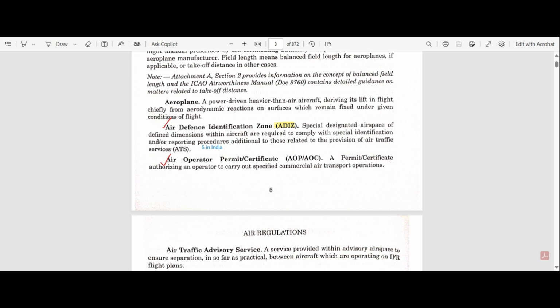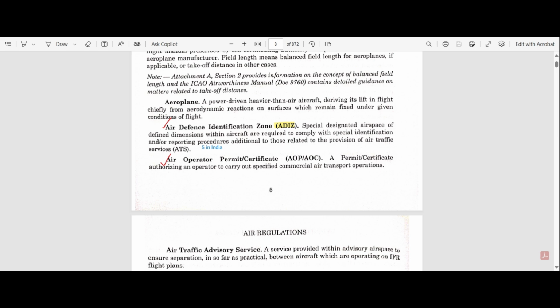Whenever an aircraft flies over these certified defined dimensions of designated airspaces, it needs to take some clearance from the Air Force, and if the clearance is not obtained well in time and the aircraft enters that ADIZ, then it might be intercepted by, what do we say, the military aircraft.